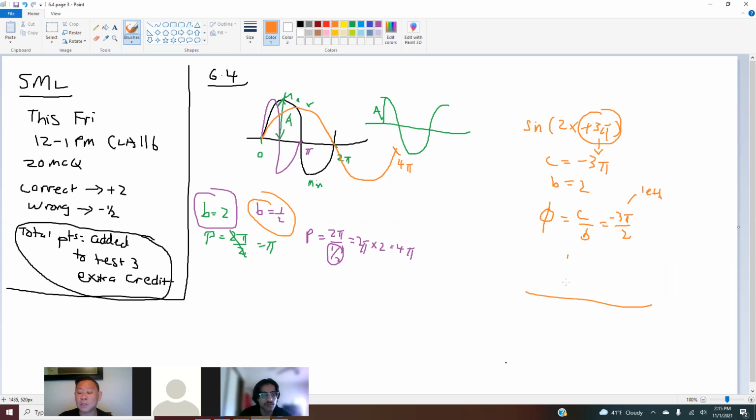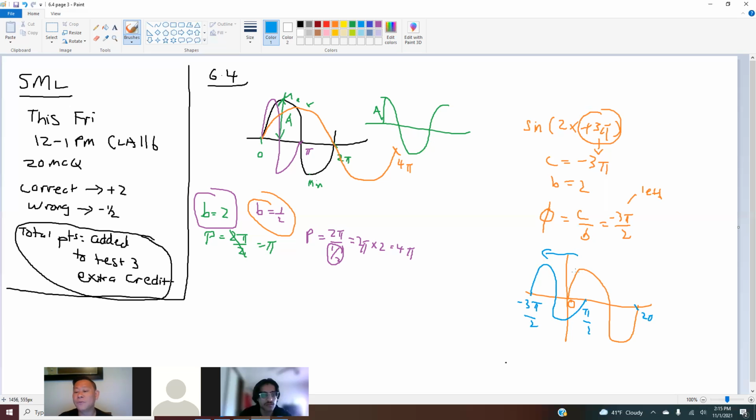Imagine your sine wave used to start from 0 here. All these points will be moved to the left by 3 pi over 2. So this 0 will be at negative 3 pi over 2, and this 2 pi will be at pi over 2. I will teach you how to do that, don't worry about that. So your graph will look something like this.